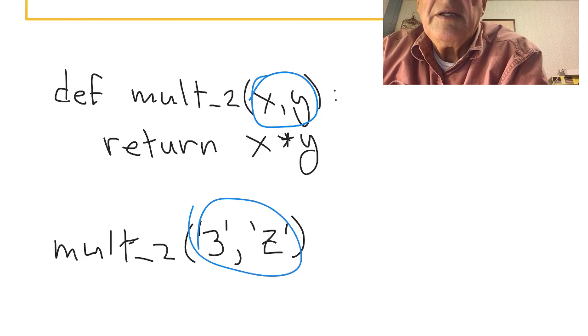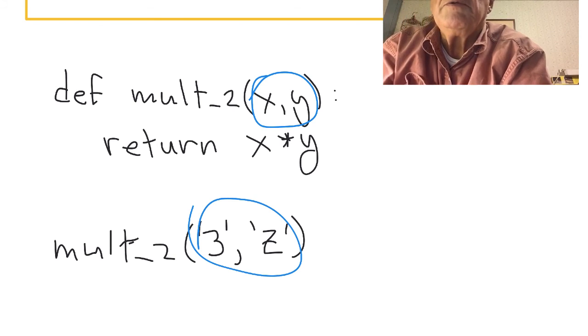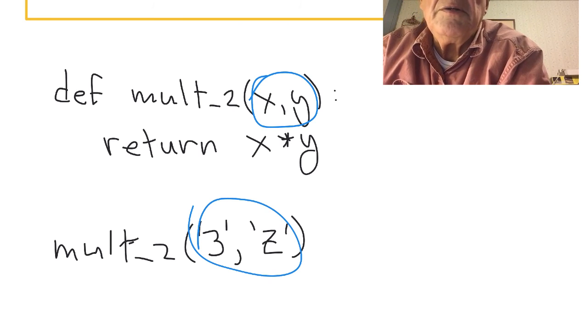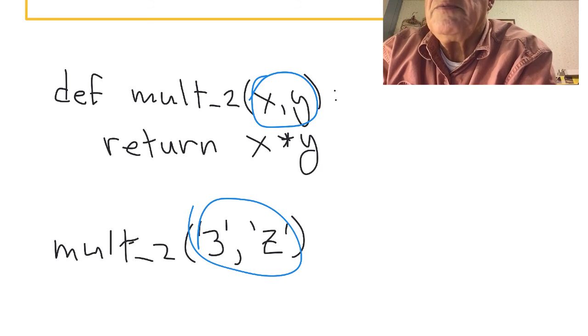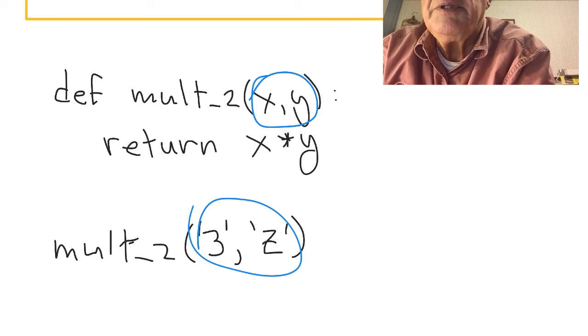But if you're processing data from the outside world and you have no control over what somebody's typing at a terminal when they run your program, you have to take some pains to verify or validate your input. And again, I just want to introduce this as a concept. We won't go into it in detail here, but it is something that we will be thinking about as we go along.